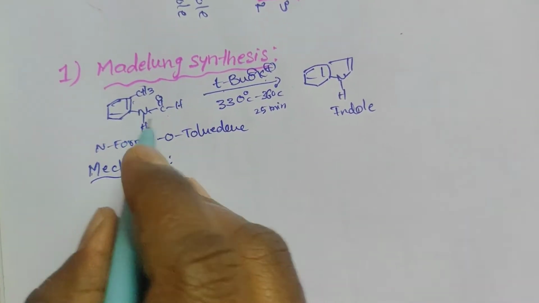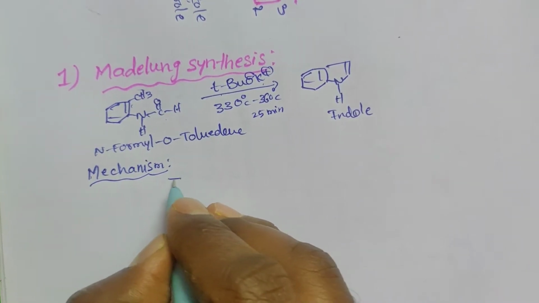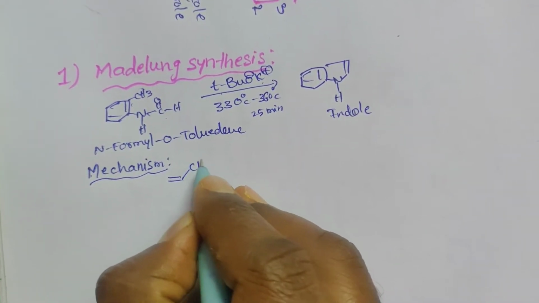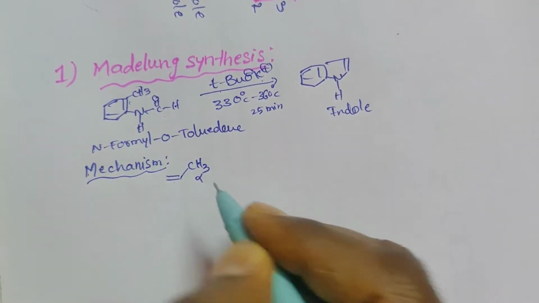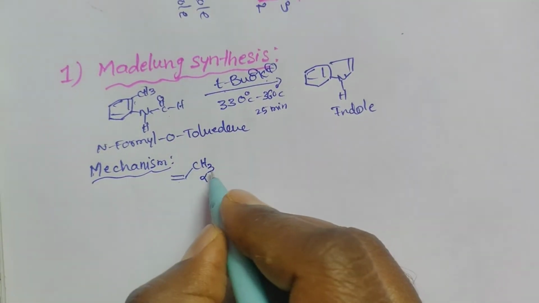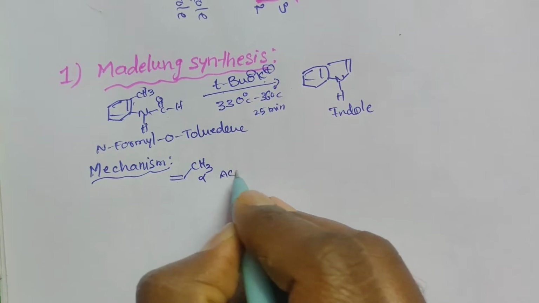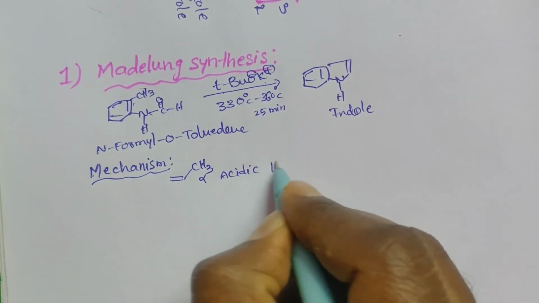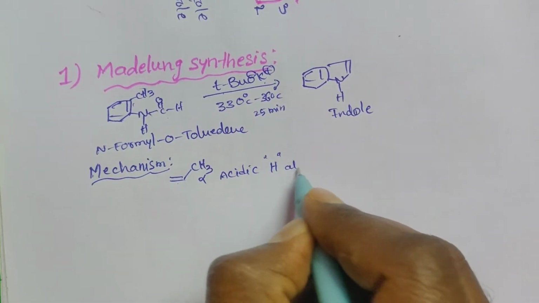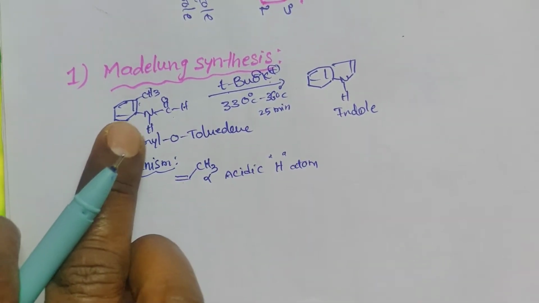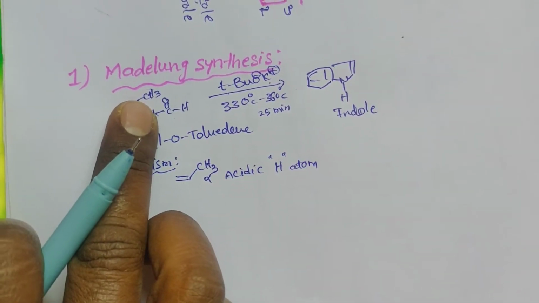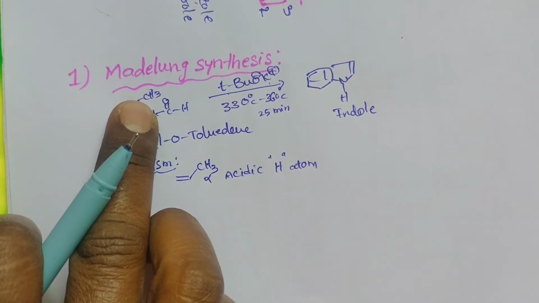We know very well that any alkyl group that is present at the alpha position to a double bond shows acidic nature. So these hydrogens are acidic hydrogen atoms. So that's why when it is treated with the base, a hydrogen atom from here is abstracted and we get a carbanion.